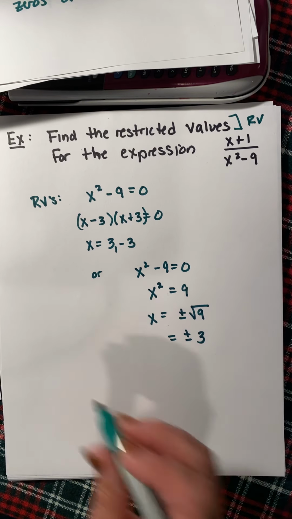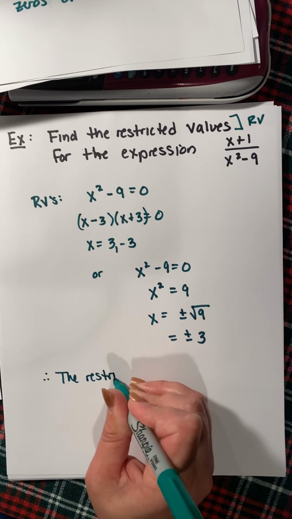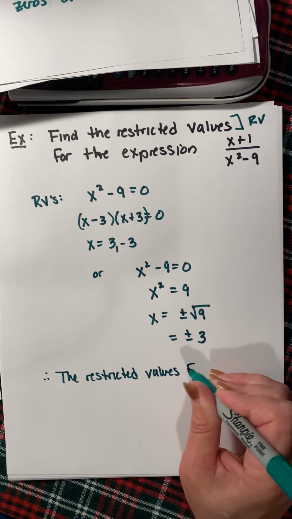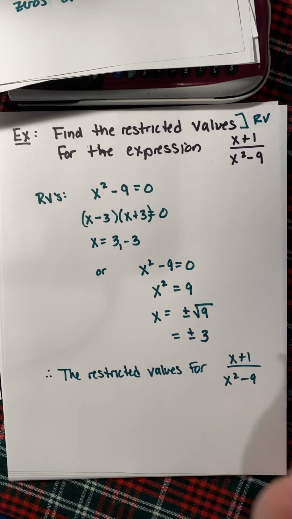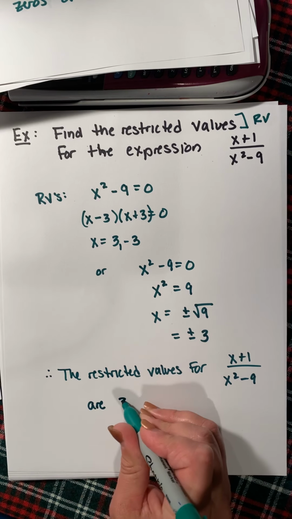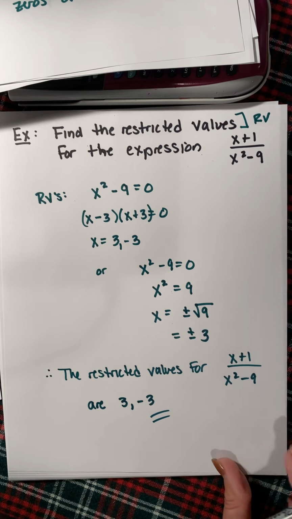So either way, the restricted values for this expression, x plus 1 over x squared minus 9, or any rational expression with x squared minus 9 in the denominator, the restricted values would be 3 and -3. That's it.